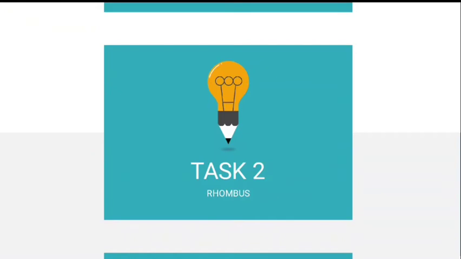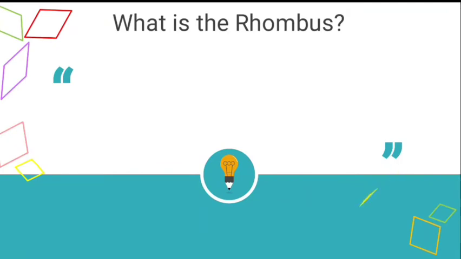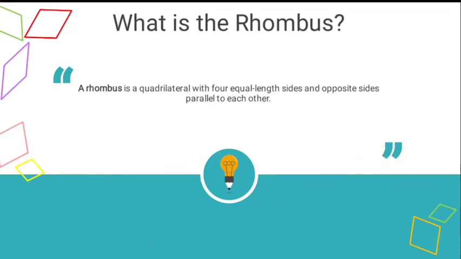The next is task 2. It's about rhombus. So, what is the rhombus? Well, a rhombus is a quadrilateral with 4 equal length sides and opposite sides parallel to each other.